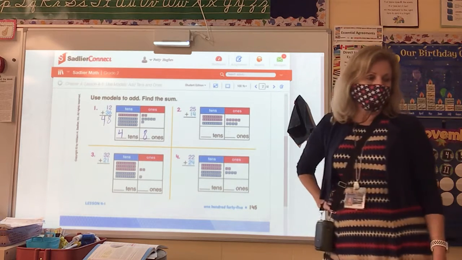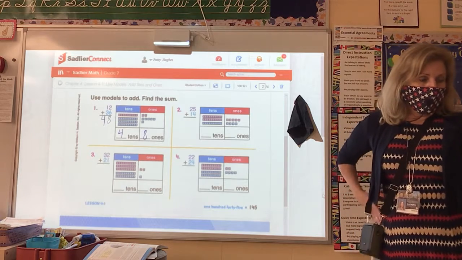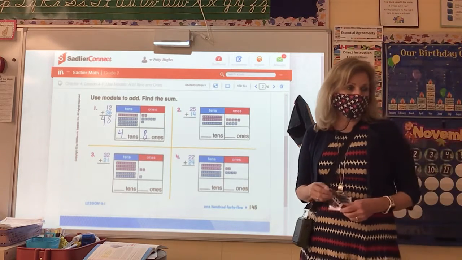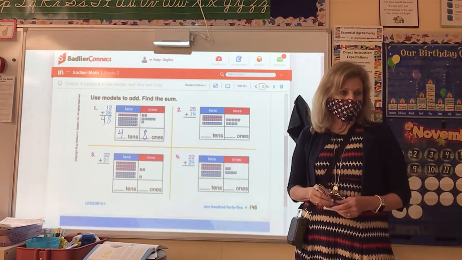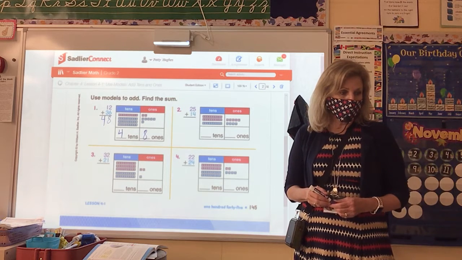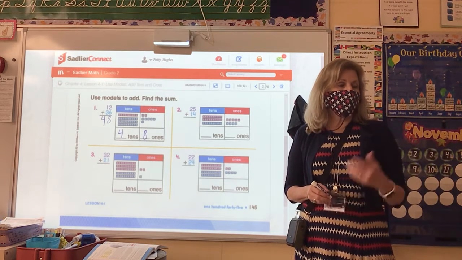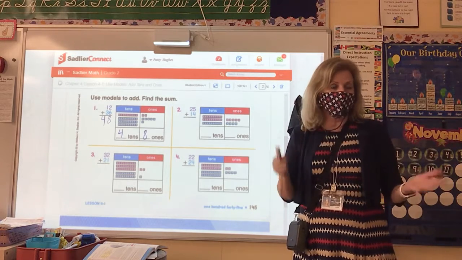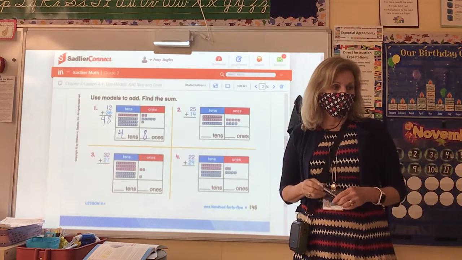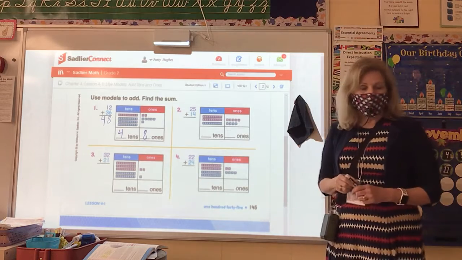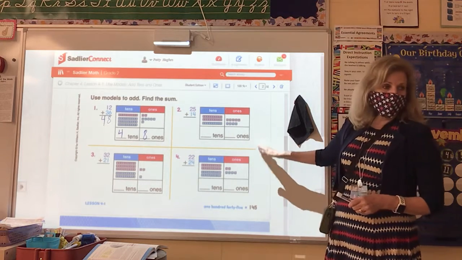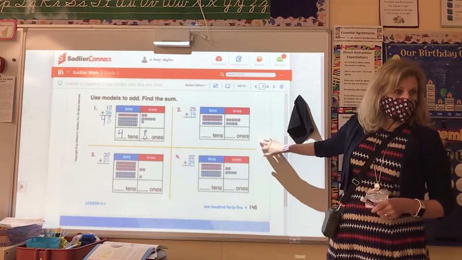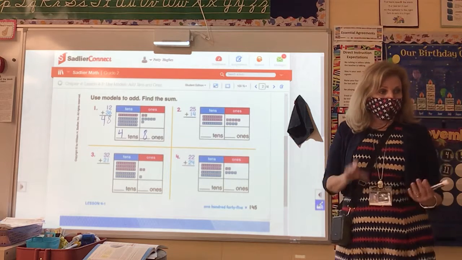Yes, Dylan? Why, if you only start with ones, why is this, in this, it starts with tens? Because our tens come before our ones because they're a larger number. But what happens if there's 2 ones? The reason, remember I showed you over here, the reason why we start with our ones first is in case we have too many ones.